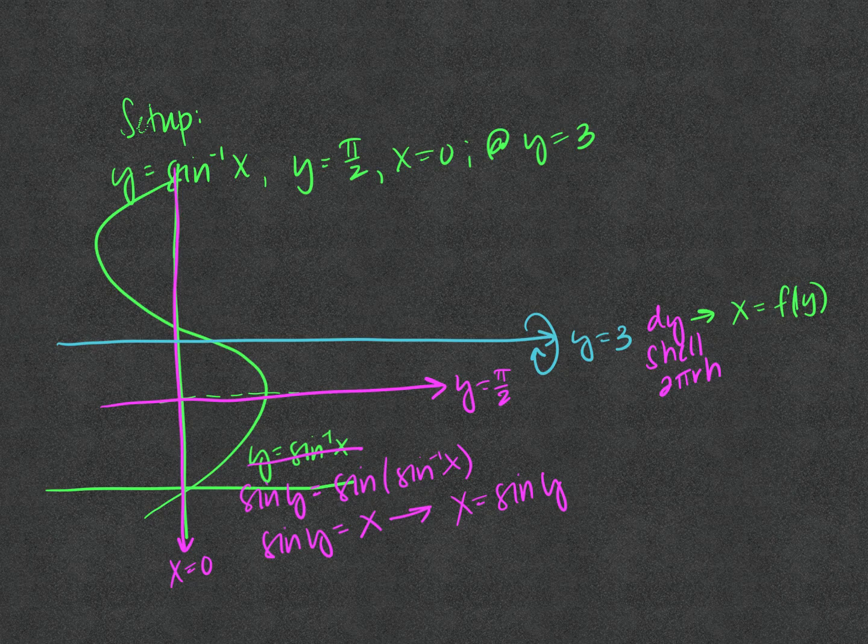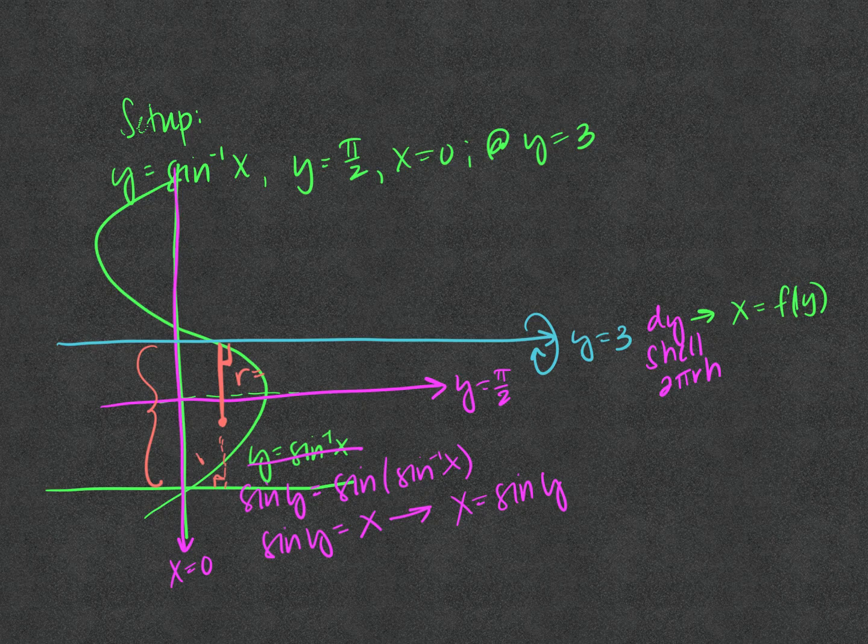So let's put our radius right here. Now, this one's a weird radius because this is our radius, definitely. But the radius from here to here, from the blue line to the axis, would be 3. So in this case, we need to take 3. If we were to draw our radius down here, it would be just the variable.